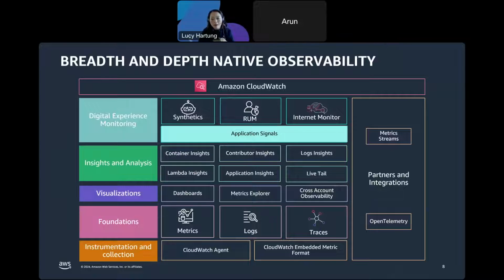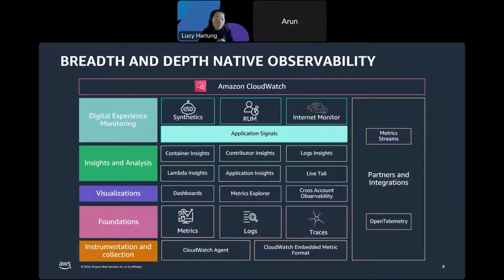Oftentimes, I get on calls with customers. Many customers are familiar with Amazon CloudWatch logs, traces and metrics, but they often forget or do not realize there are all the other capabilities we offer above the foundational level, right? We have various dashboards to surface the insights.